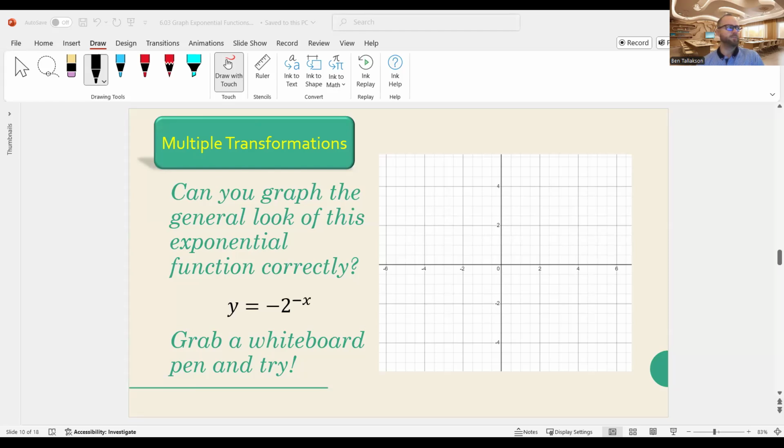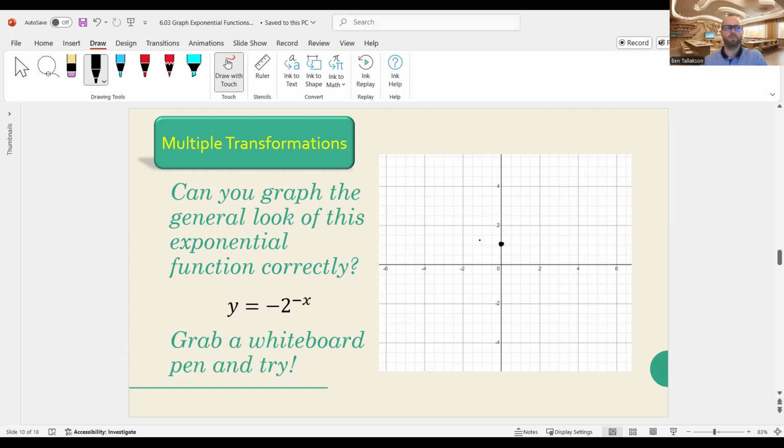Okay. Now, let's see what happened. My recommendation to you is to first graph the original function without any negatives. So, y-intercept of 1, because again, anything to the 0 power is 1.